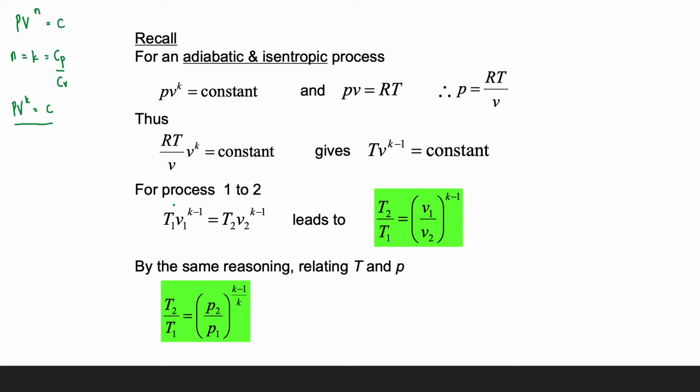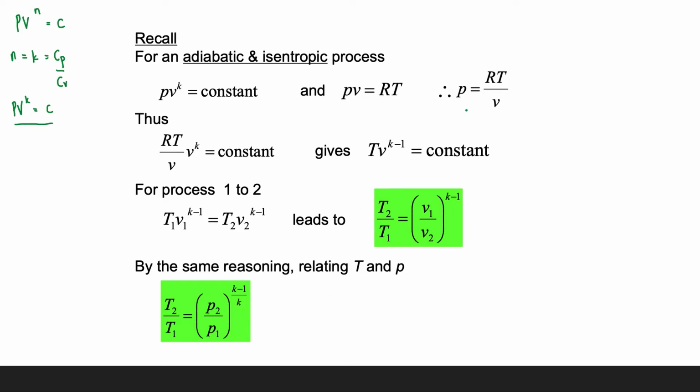Alright, and for process 1-2, which is isentropic compression in a compressor, we will rewrite this formula as T1 V1 to the power of K minus 1 is equal to T2 V2 to the power of K minus 1, which leads to T2 over T1 is equal to V1 over V2 to the power of K minus 1.